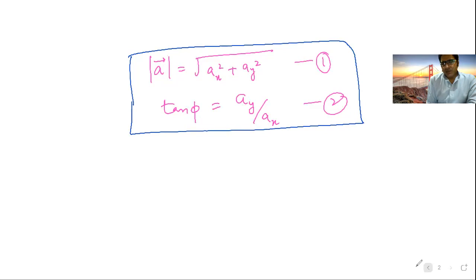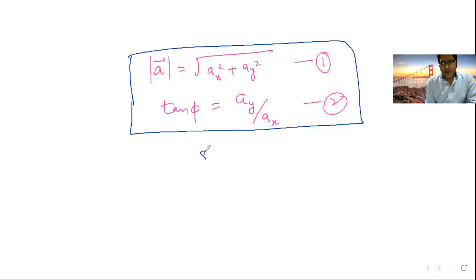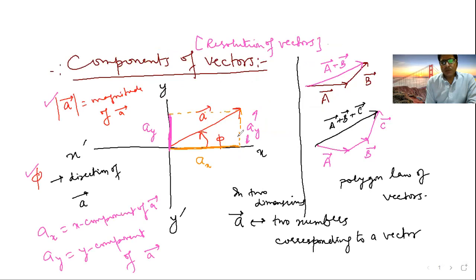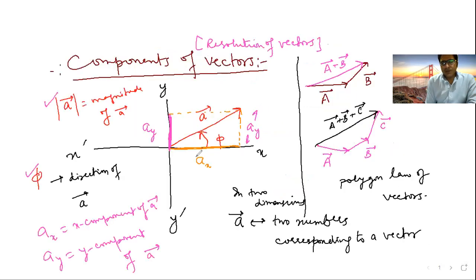That's also possible. See, if I define sine phi, what is it? Perpendicular by hypotenuse. Sine phi is ay by A. It's ay by A. What is cos phi? Base by hypotenuse.